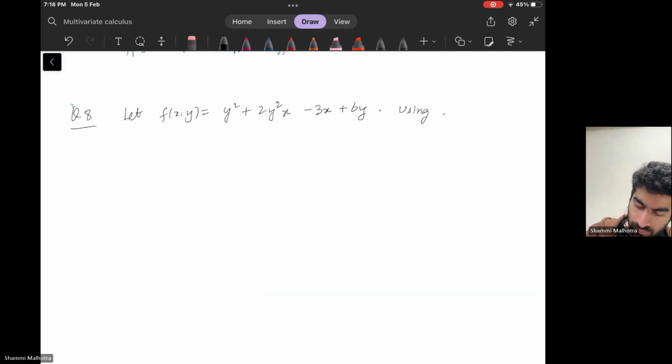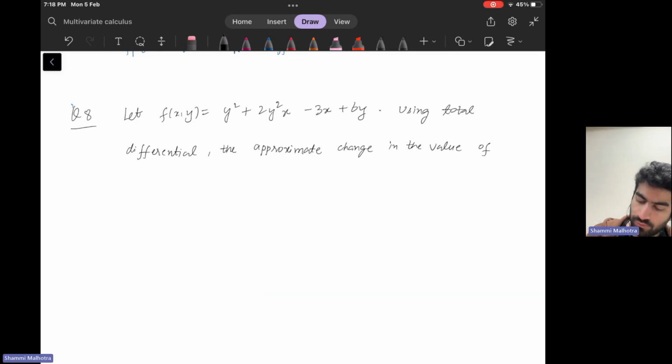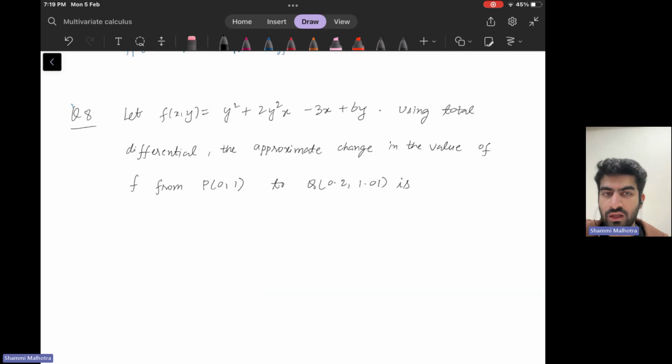Using the total differential, find the approximate change in the value of f from P(0, 1) to Q(0.2, 1.01). So we have our function given as this multivariate polynomial, and using the total differential I want to find the approximate change in the value of my function if I move from one point to another, where my points are given as (0, 1) to (0.2, 1.01). Okay.